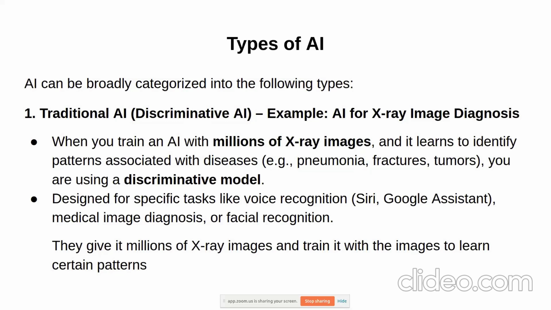So these computers are trained. They take their time to scan the images and look at them carefully. And then we show it certain patterns that make us diagnose certain diseases. And with time, the computer learns all these patterns.